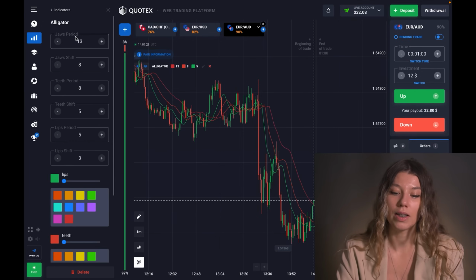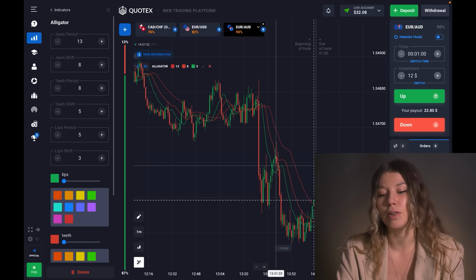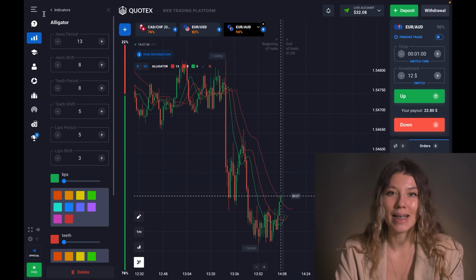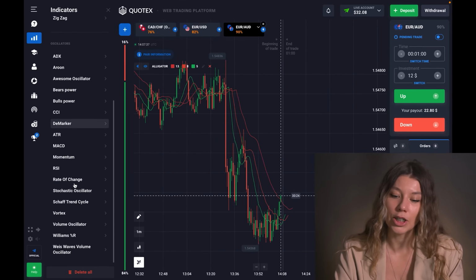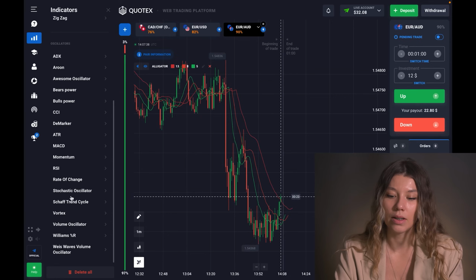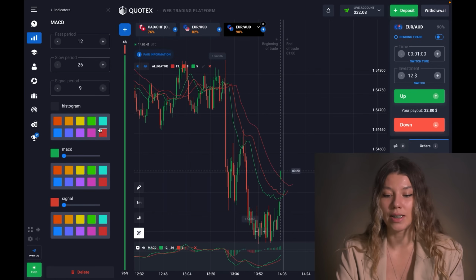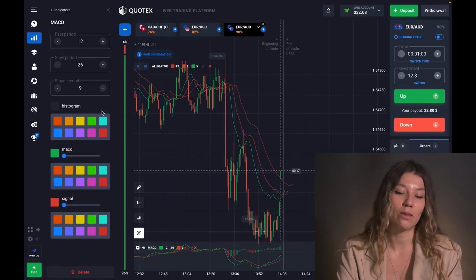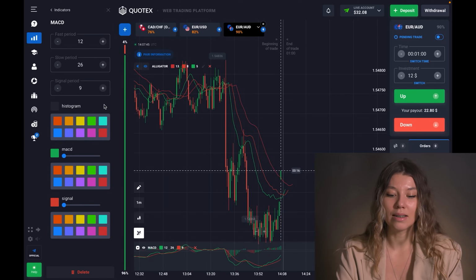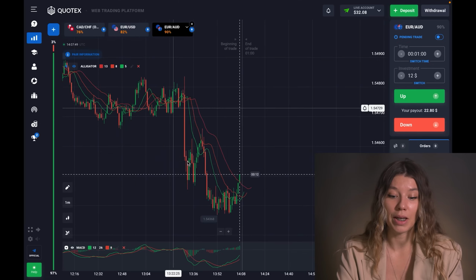It is a really perfect tool that will allow me to see a really precise signal. But in combination with this tool I will use MACD indicator. They're totally different indicators, alligator and MACD, but in combination I'm really interested which result they will give me.